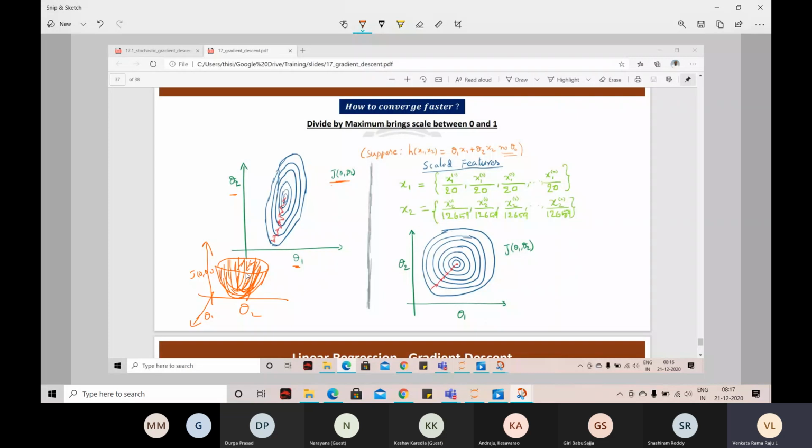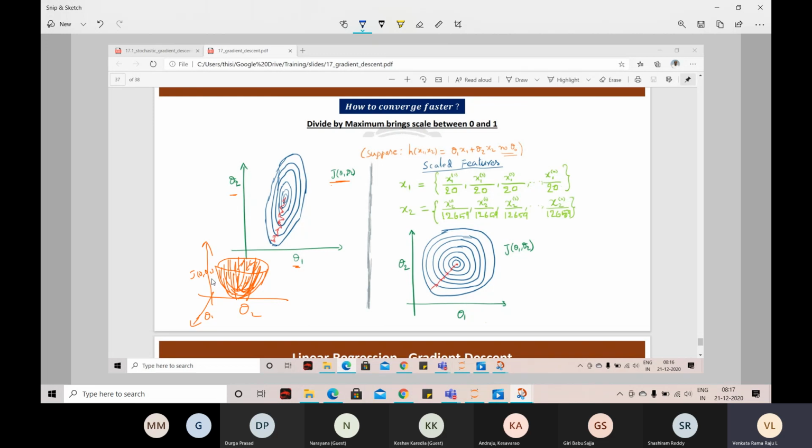So to represent this bowl in a two-dimensional plot, what I did is, for some J of theta value, if you take all those blue dots, a blue circle, all the J of theta values are same.